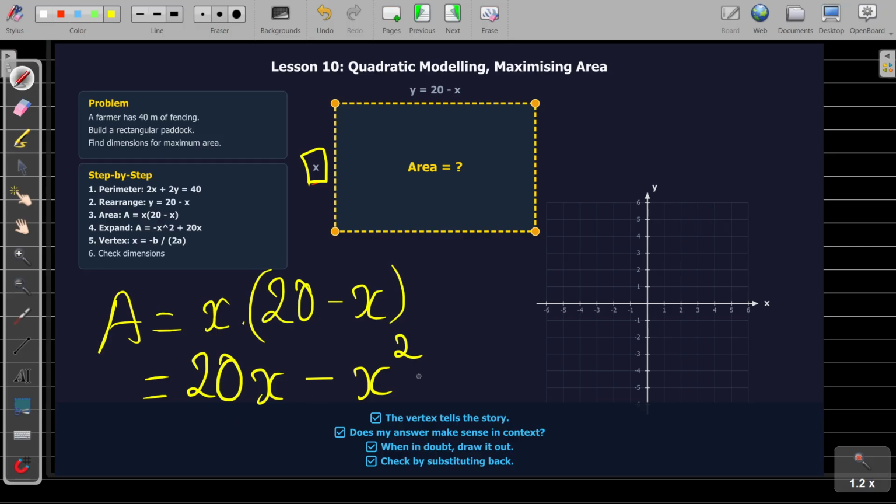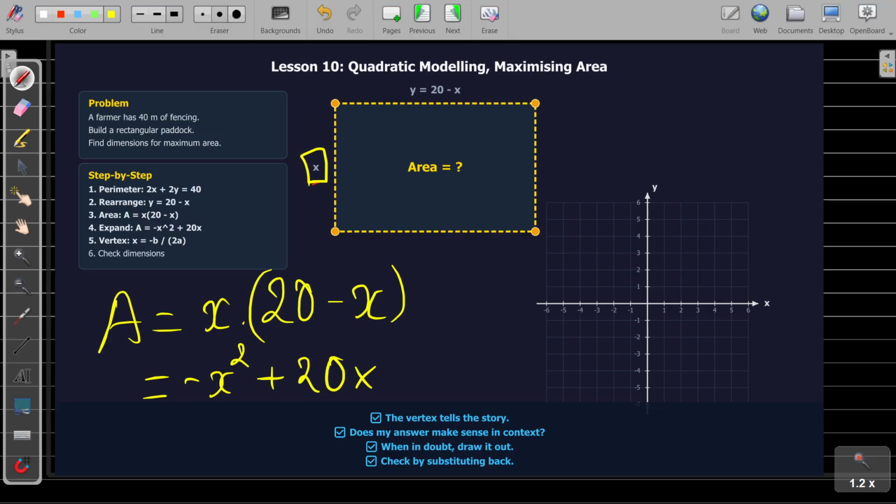We can rearrange this to be minus x squared plus 20x, but both forms work as well. So I'm going to use the form that starts with minus x squared first, plus 20x. Both forms work, it's fine.